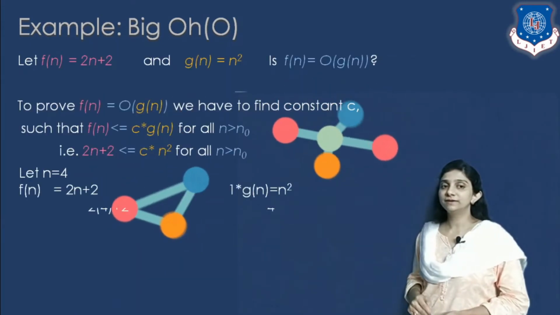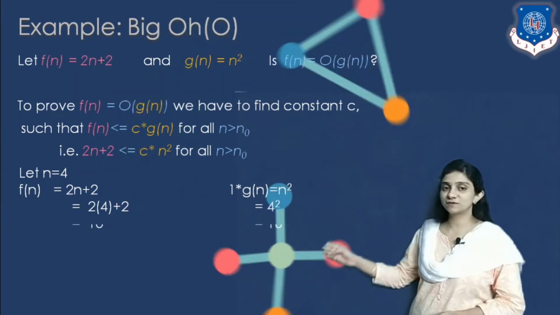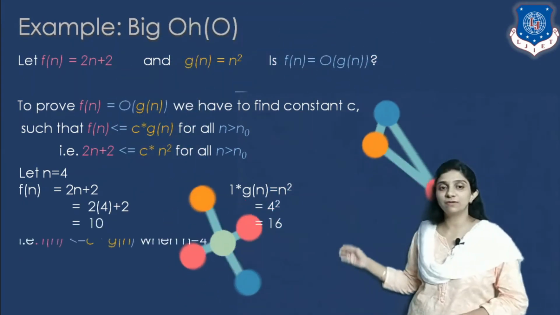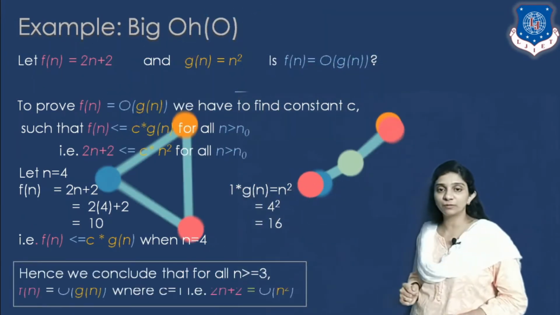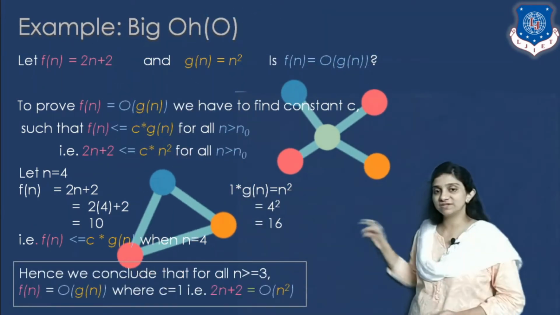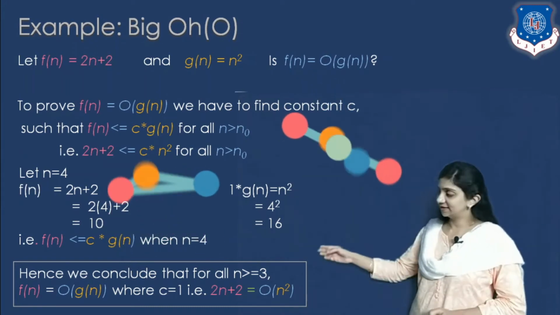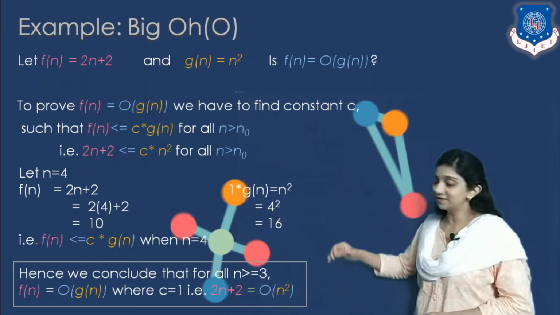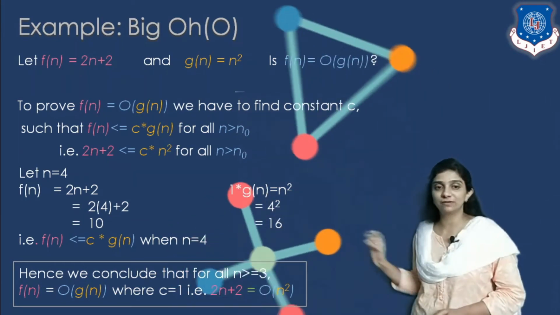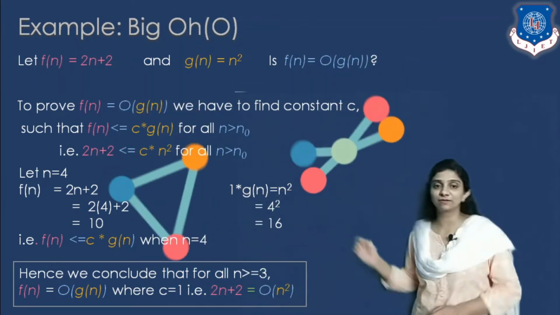We are going to proceed in the same manner. f of n is 2n plus 2, that is 2 into 4 plus 2, that is equal to 10. And Cg of n is 1 into n square, that is 4 square, which is equal to 16. Again, 10 is less than or equal to 16. So we say that f of n is less than or equal to Cg of n when n equals 4.